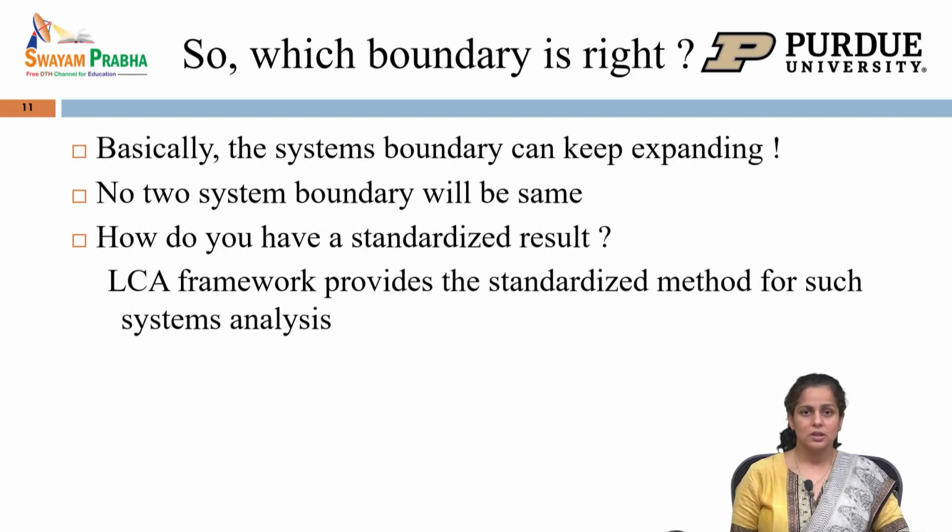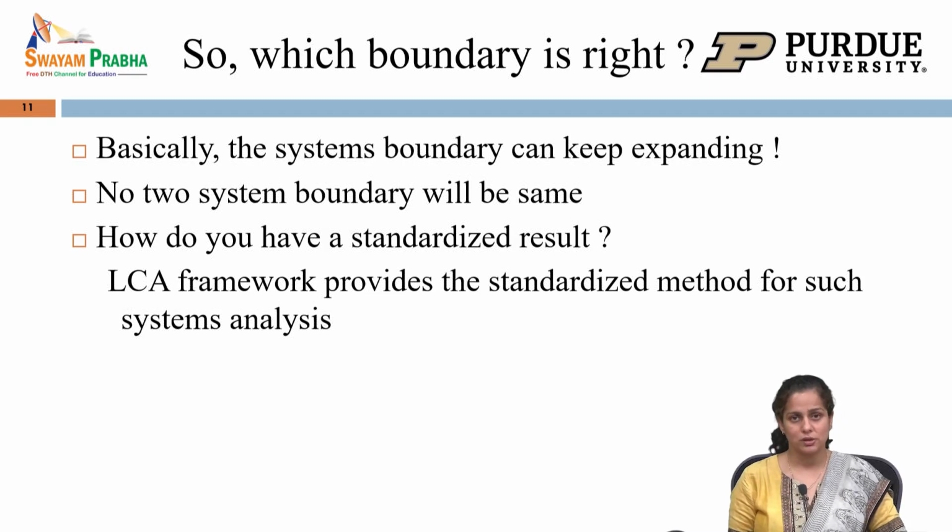And that is where the life cycle assessment methods come into the picture, because it helps us to standardize the framework through which we can do a standardized LCA and we can compare results across different modelers. And that is why we will go through each of the steps of the LCA in depth to understand how to do a well performed LCA that you can compare with others.